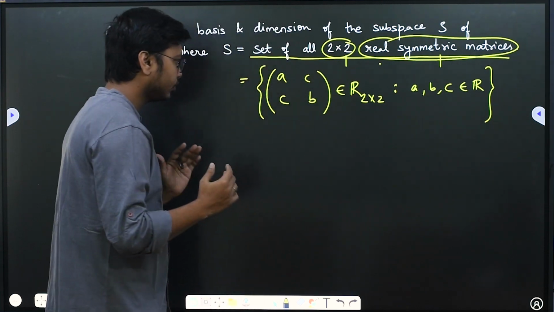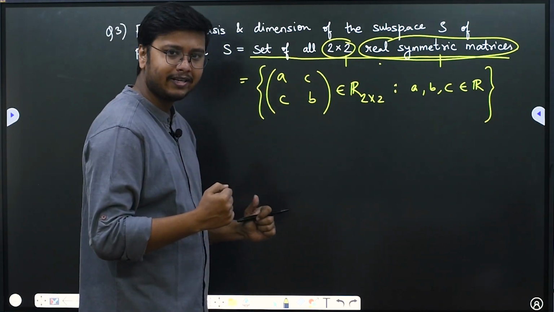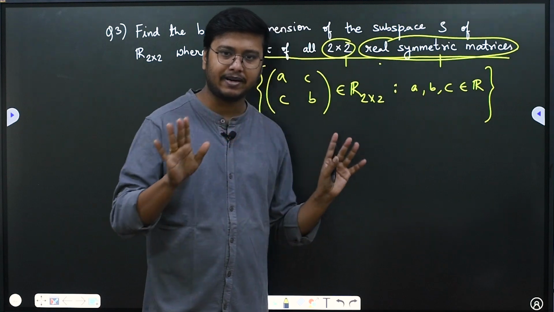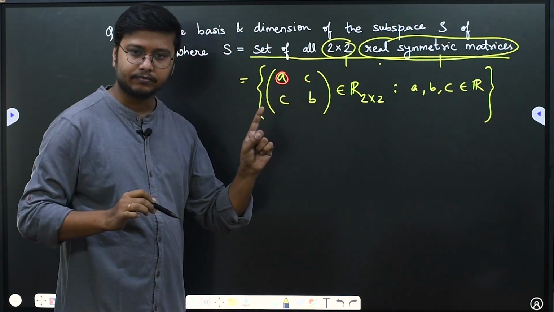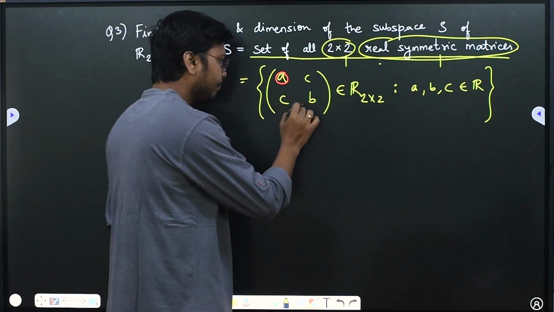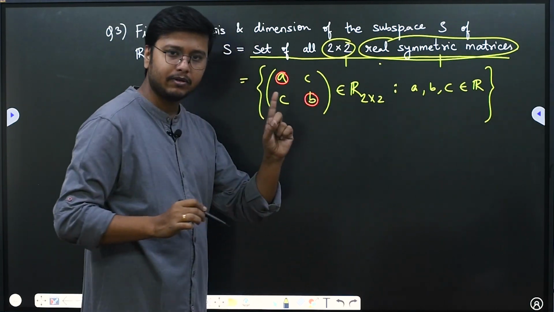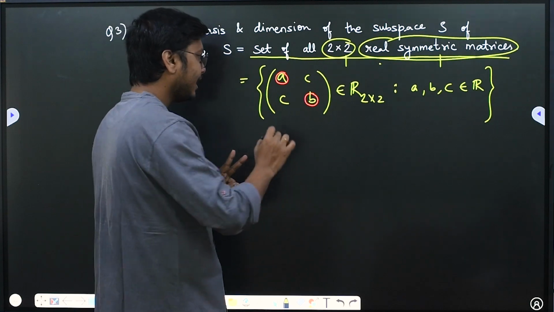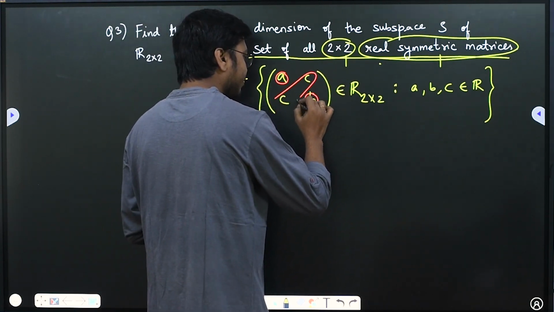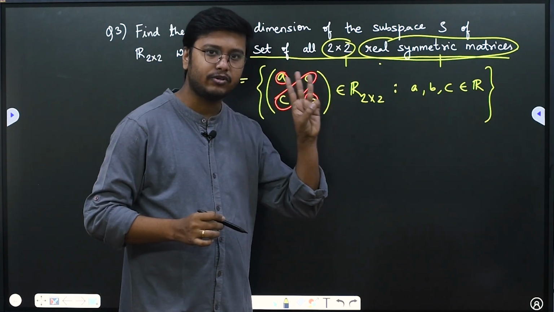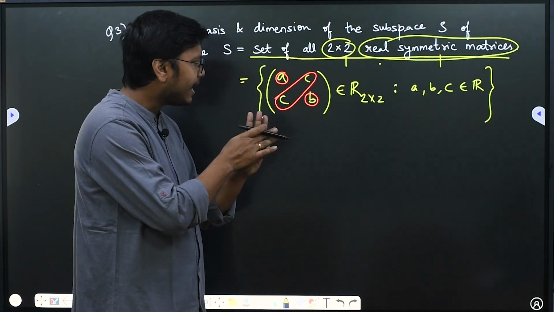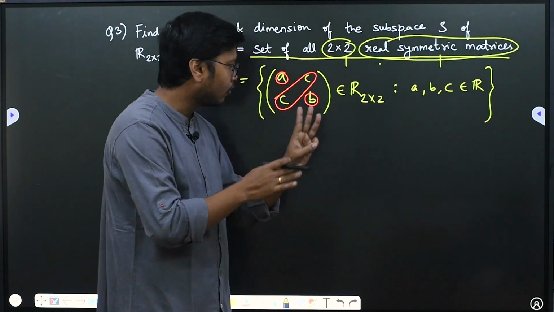Now you have to observe how many independent variables are here. A is completely an independent variable, it can be any value. B is completely an independent variable, and C is also an independent variable. So A, B and C, 3 independent variables, and I cannot reduce these any further.